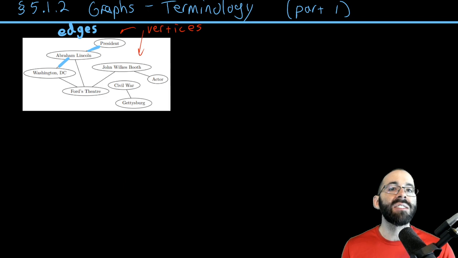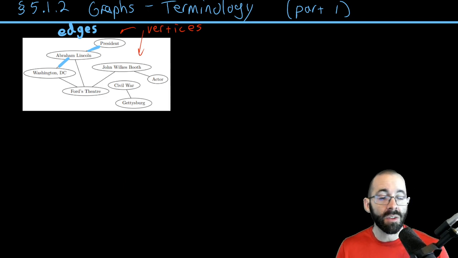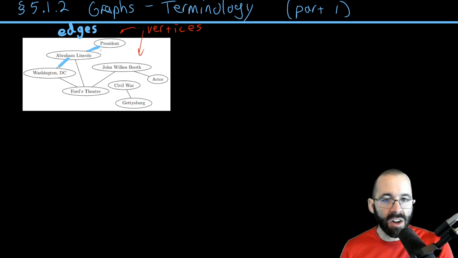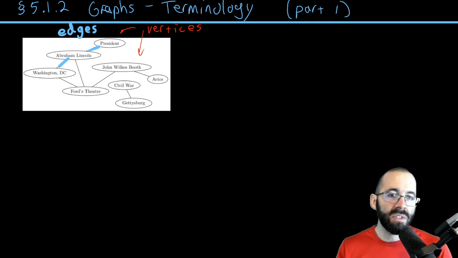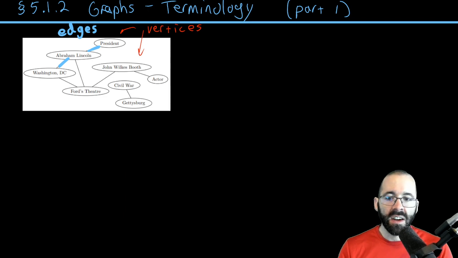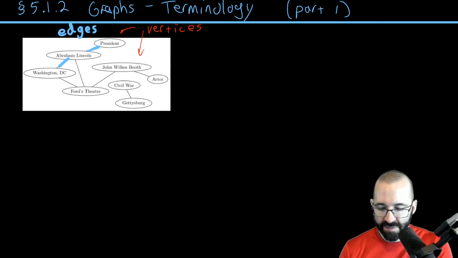So here, this is like a symmetric graph, if you will, a symmetric relation. If president is related to Abraham Lincoln, Abraham Lincoln is also related to president. They both have to do with the same concept. So those are edges and vertices, and a graph is a collection of edges and vertices. Okay, so that's what a graph is.